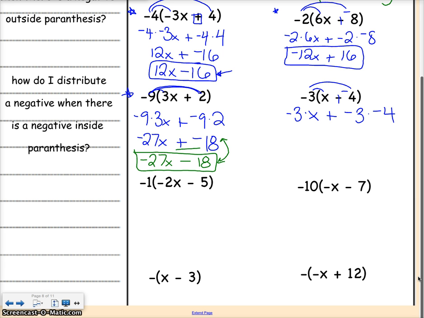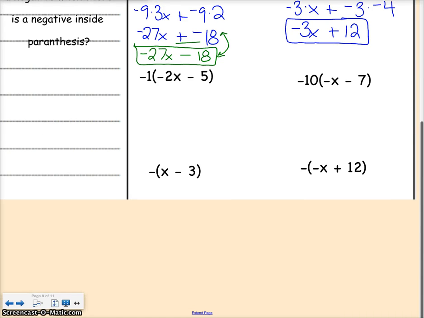Negative 3 times x is just negative 3x plus negative 3 times negative 4 is a positive 12. Remember, what we're keeping in mind today, if you multiply integers and if they are the same sign, it's positive. If they're different signs, it's negative.